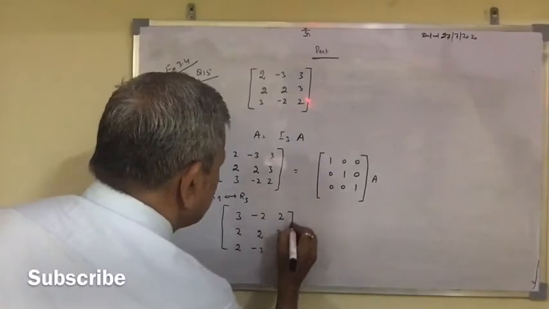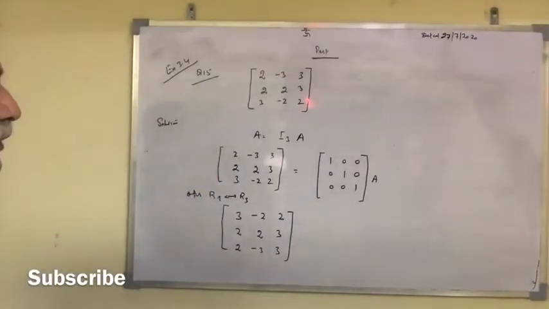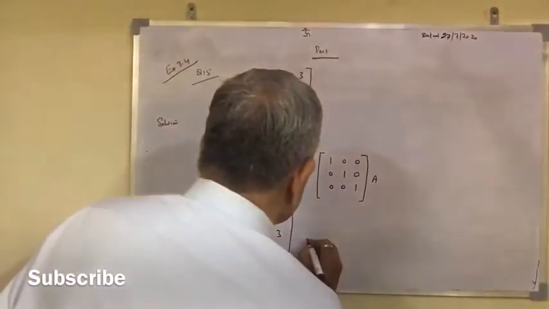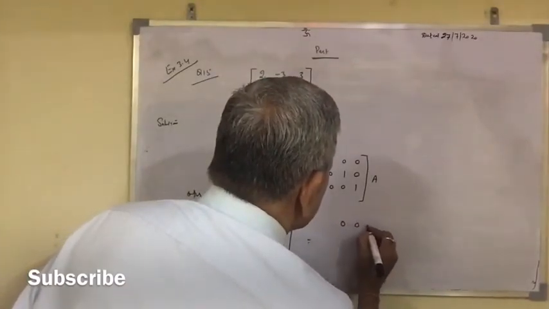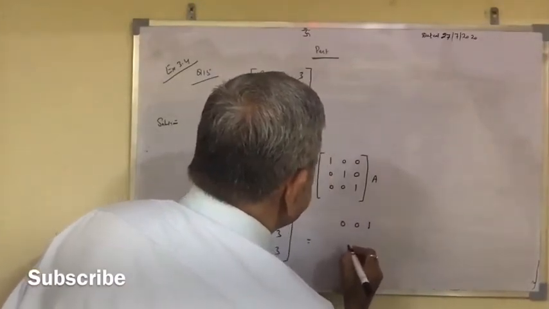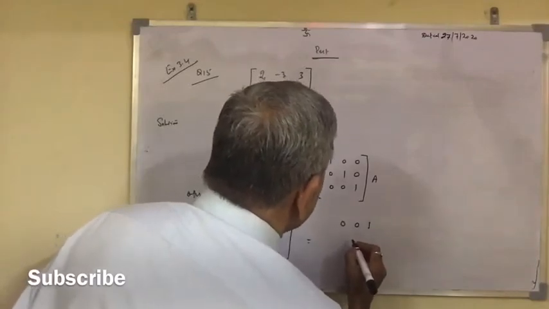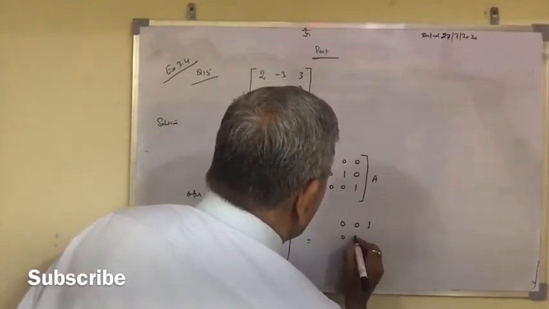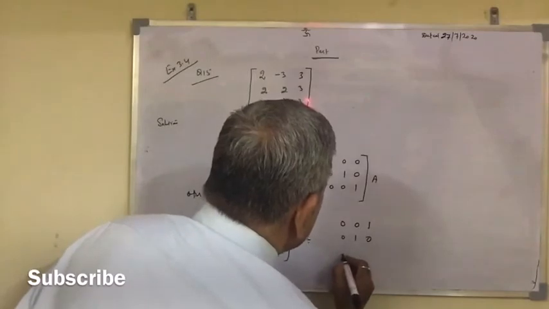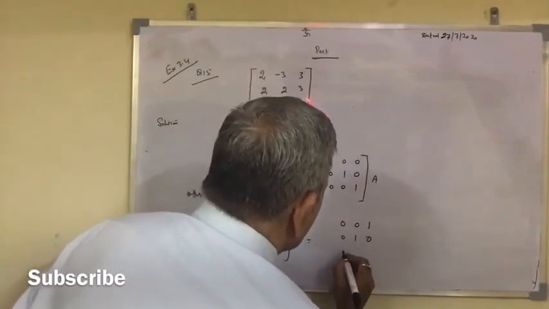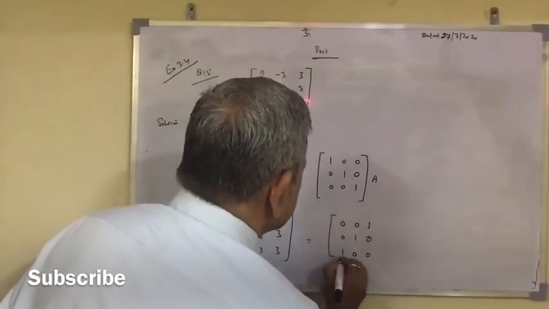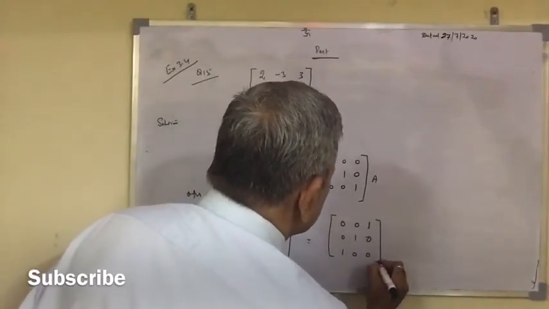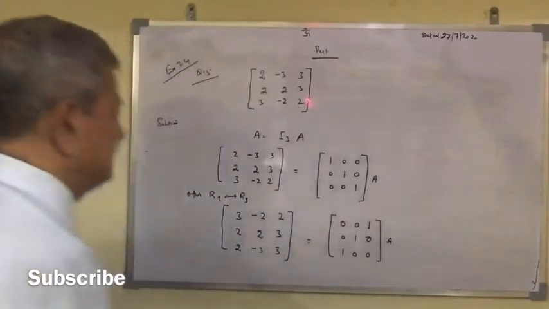Since I use this operation, in the same way I'll use the same operation on the right hand side, which is 0 0 1, 0 1 0, and 1 0 0. So I'll interchange R1 and R3 in the same manner.